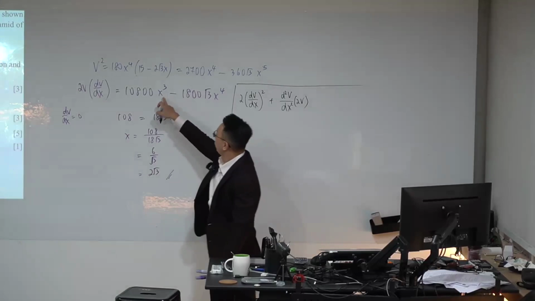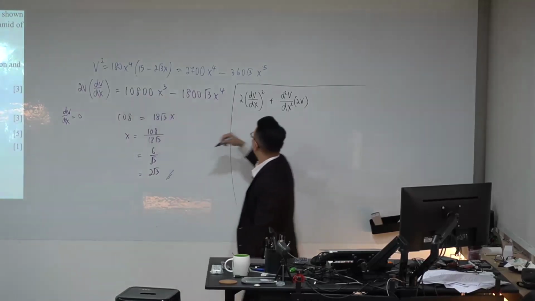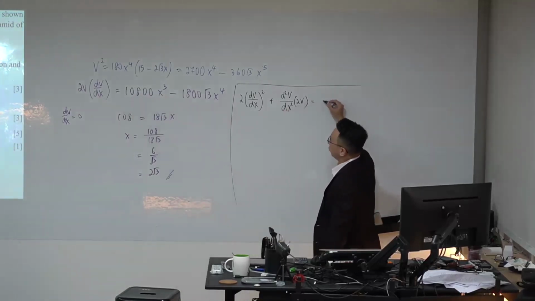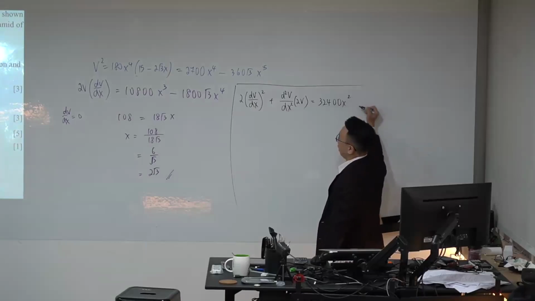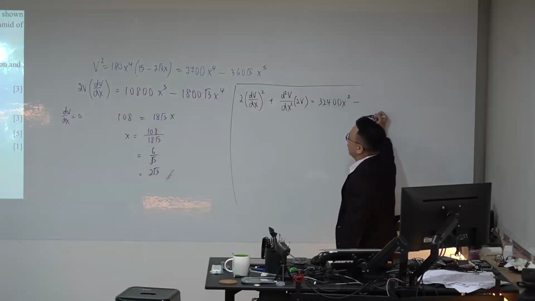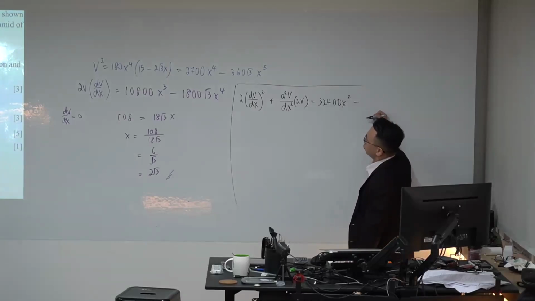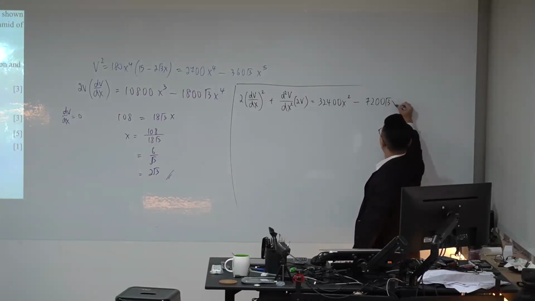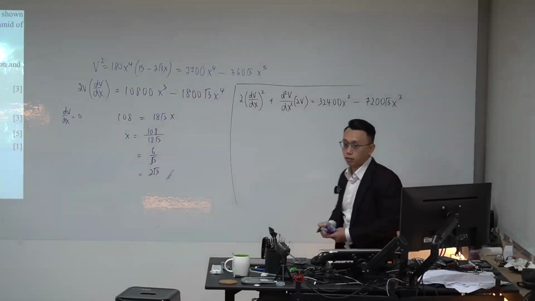Then we differentiate this one times 3. So this will be 324, so it's 32400x squared, minus 7200x cubed. Can you double check?